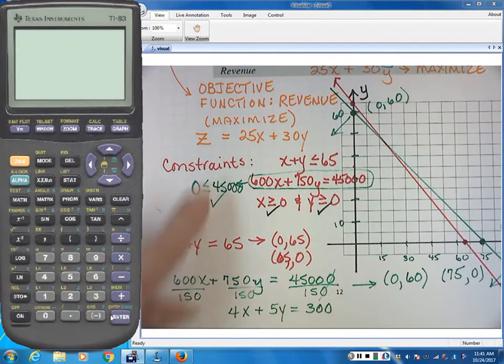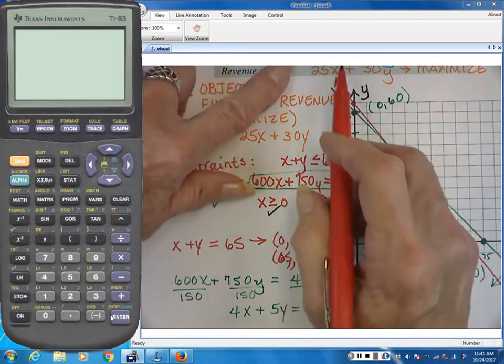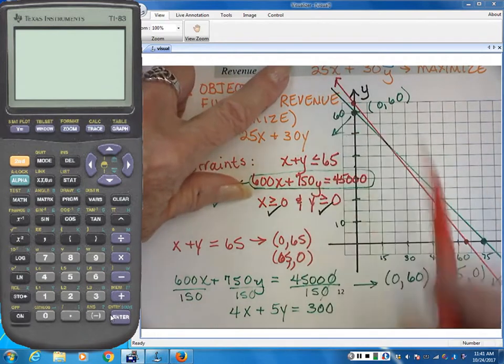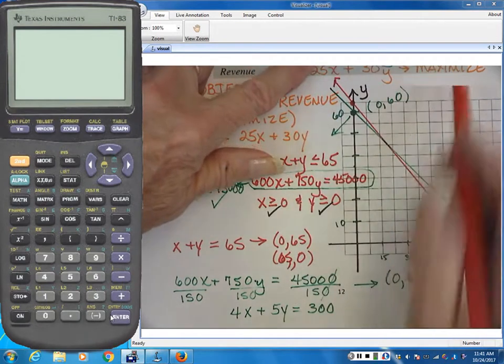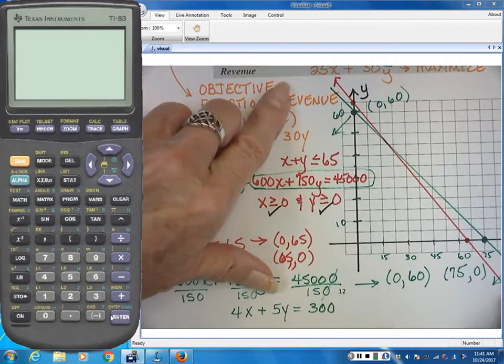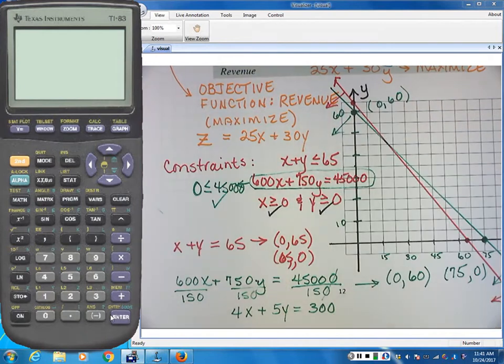And at this point, I'm going to go back up here again and say if x is 0 and y is 0, 0 plus 0 is equal to or less than 65. So I'm again going to shade below the red. Which means when I actually do my shading, this is going to be my feasible region.